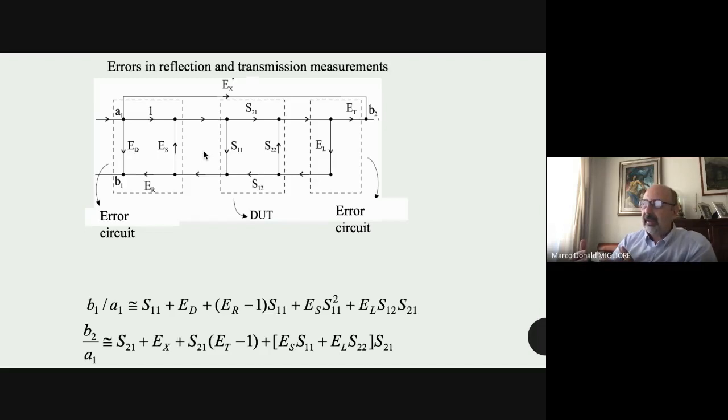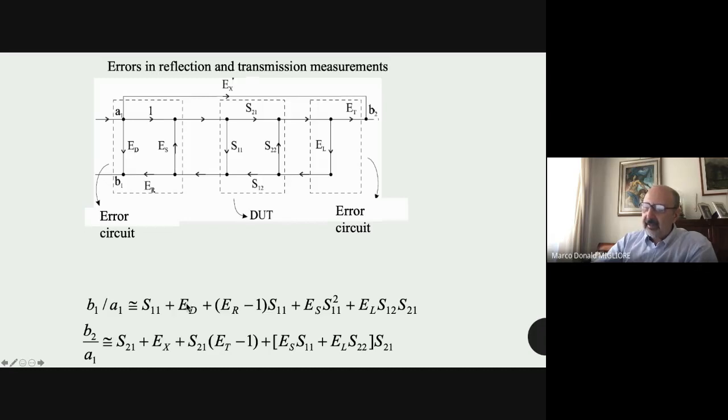And so this signal completely skips the device under test. So at the end, we have 6 error parameters, and these give the reflection and transmission coefficients as a function of the error parameters.